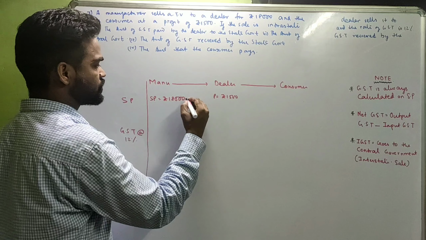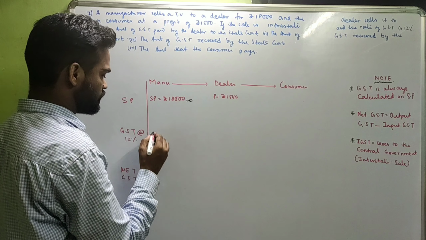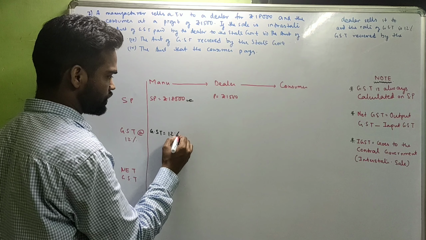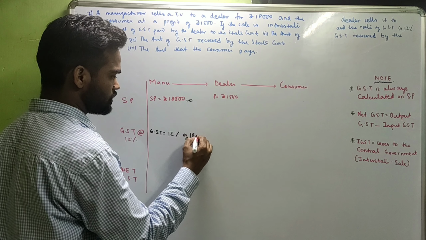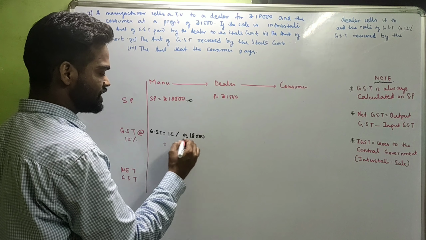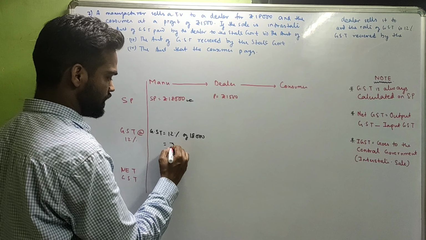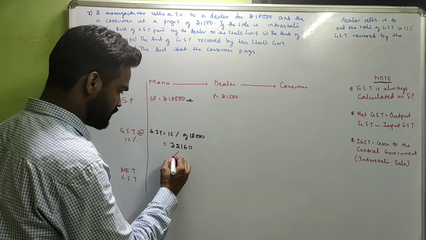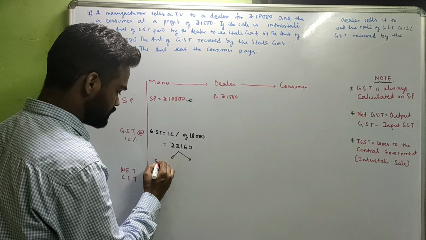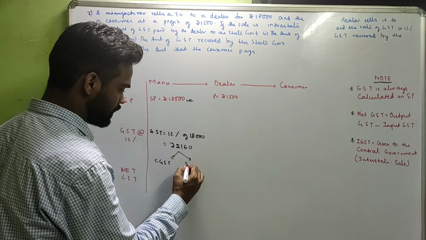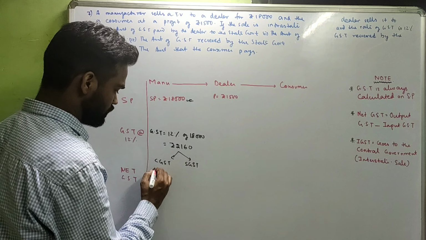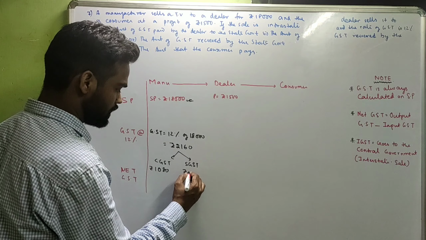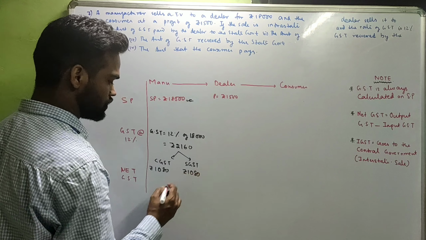First of all, for the manufacturer, the SP is known. We'll directly find the GST. So GST will be 12% of 18000, which is rupees 2160. Okay, this will be divided into two parts. CGST and SGST equally, which is 1080, and SGST is also 1080.